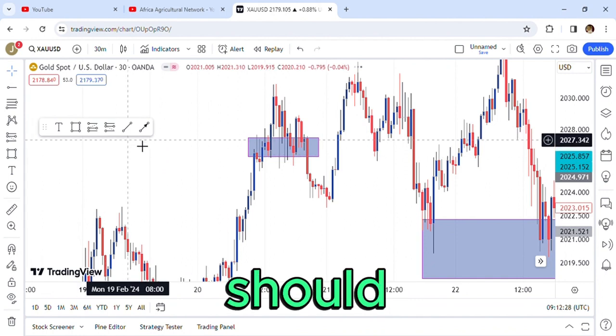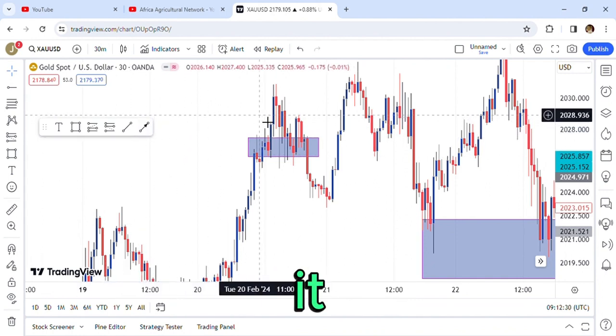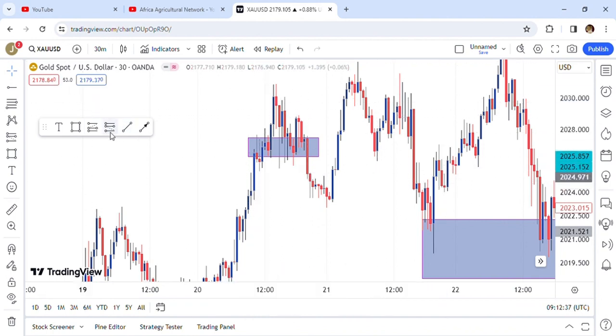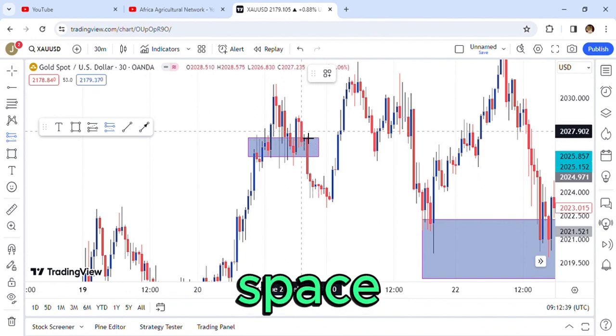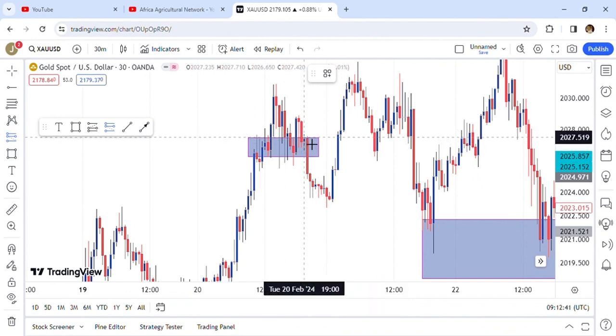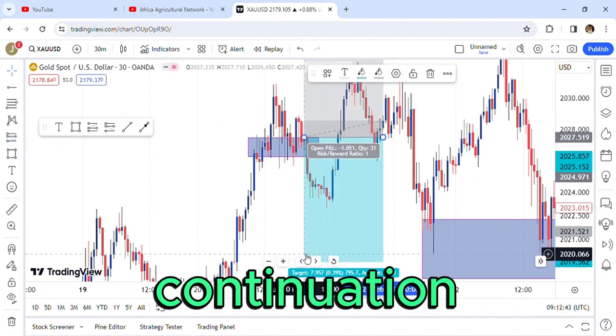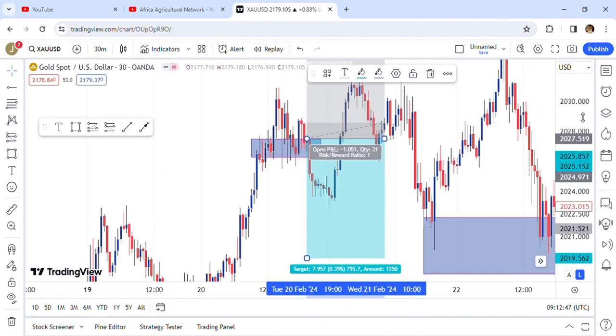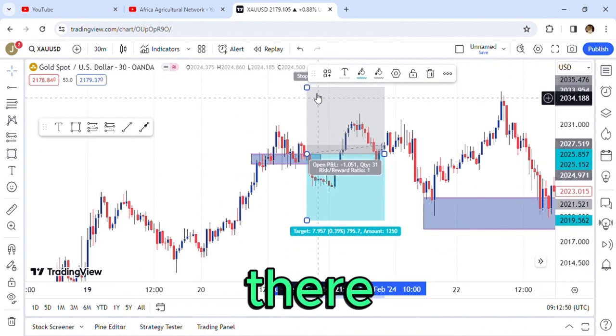Not a perfect head and shoulder pattern, but it gives you an idea that price may likely respect it. Pull out your short position as price behaves and shows you depletion of bullish continuation. Yes, there you go.